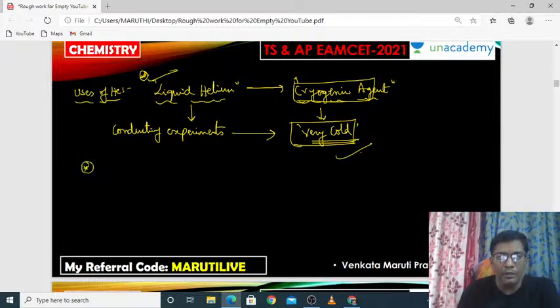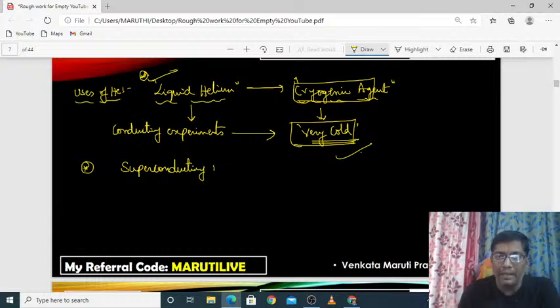And one more important use is that it is used to produce and sustain powerful superconducting magnets. Where can it be used?